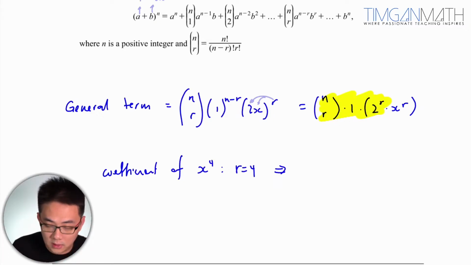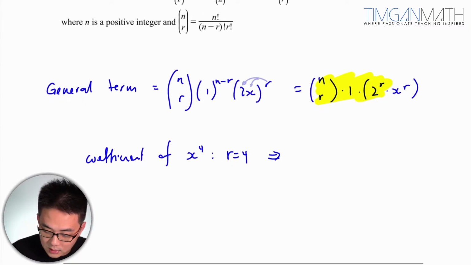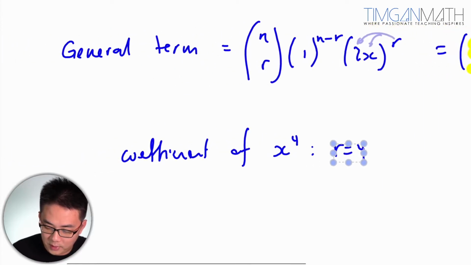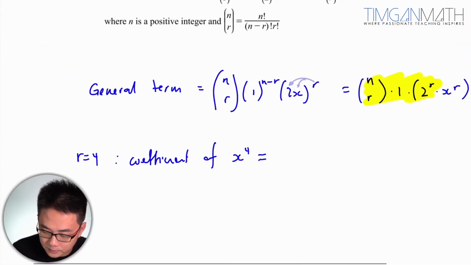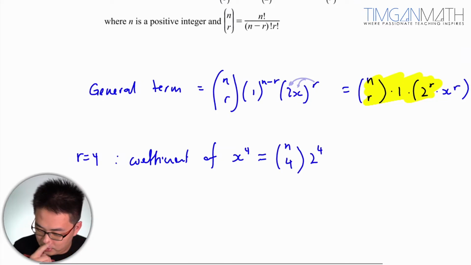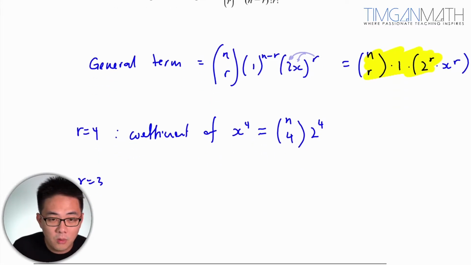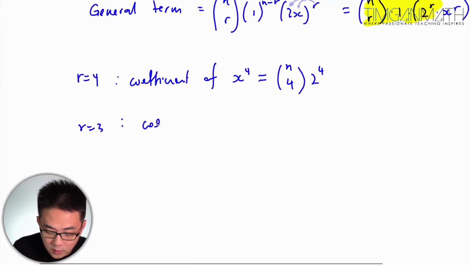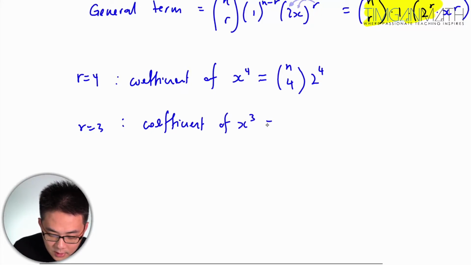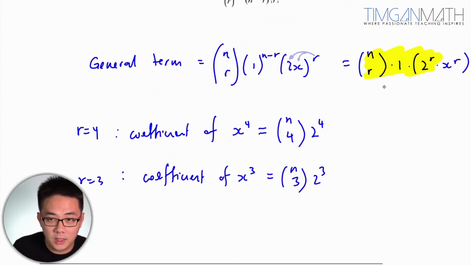So when r is 4, the coefficient of x^4 would be n choose 4 times 2^4. And when r equals 3, what we get is the coefficient of x^3, which is n choose 3 times 2^3. Just use this formula here.